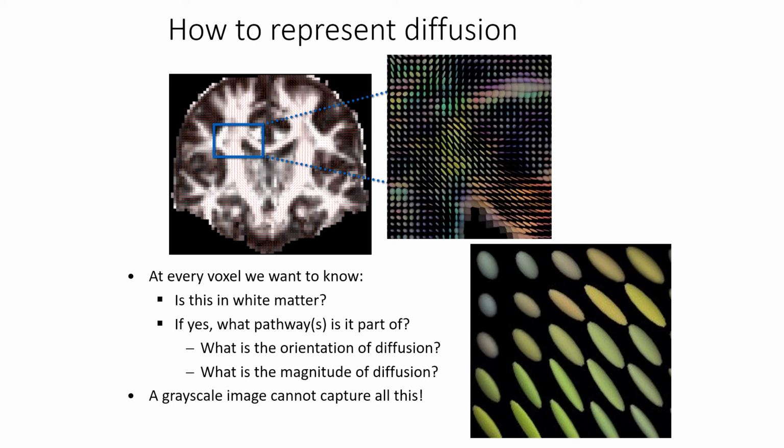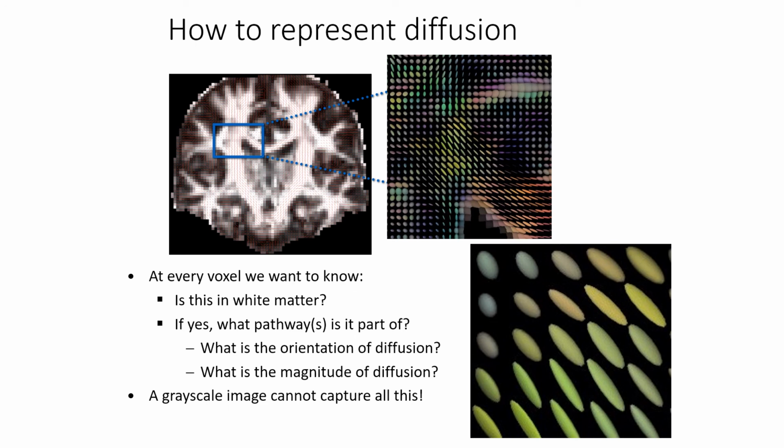Historically, diffusion imaging primarily looked at white matter, but we're also applying it to understanding gray matter structure. But if this is white matter, what pathway is it part of? Gray matter is the cell bodies, white matter would be the connections. These are the pathways, and that's really the power of diffusion imaging, understanding the structure.